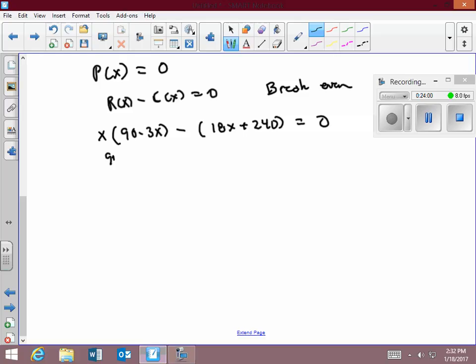So I got 90X minus 3X squared minus 18X minus 240. It's a second degree polynomial, so we can find it by factoring, right? We write it in descending order, minus 3x squared, and then what do we have? 90x minus 18x is plus 72. Is that right? Yep. Minus 240.